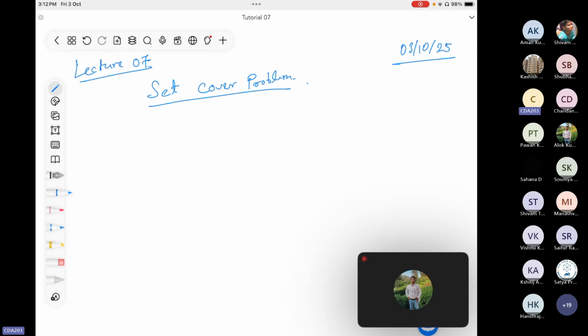So this greedy technique, if you don't recall, is like we are looking at a problem. I'm just giving a short recap of this greedy technique, and then I will move on to the set cover problem. So what is this greedy algorithm?